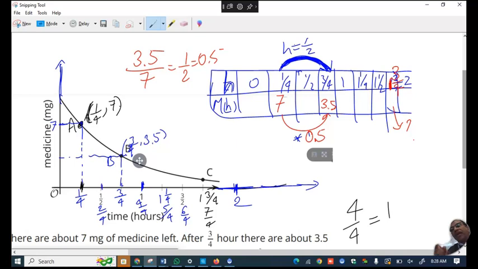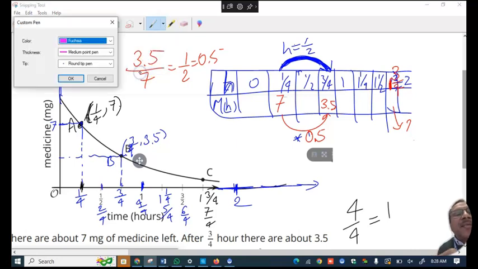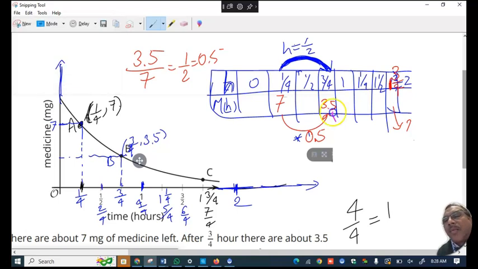Every half an hour, it is 0.5, right? So how many half hours are there from here to here? We know from here to here is a half hour, right? But we want to know the answer at 1 and 3/4. So here, how much medicine stays here?